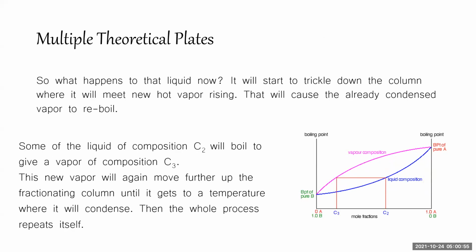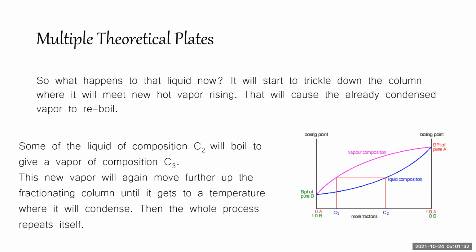So what happens to that liquid that has now started to condense inside the column? It will start to trickle down the column because it's a liquid, so gravity will push it down. And it will meet new hot vapor that's rising up the column. This will cause the already condensed vapor inside the column to reboil. So some of the liquid at composition C2 will boil and now give a vapor with composition C3 that we can collect higher up the column.